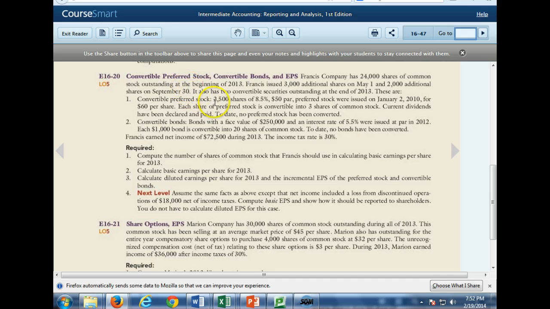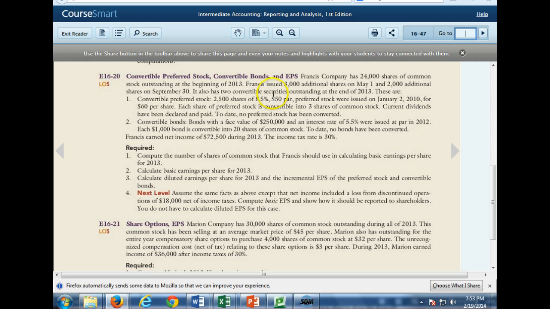Convertible preferred stock, 2,500 shares of 8.5%, $50 par. Preferred stock were issued on January 2nd for $60 a share. Each share of preferred stock is convertible into 3 shares of common stock. Current dividends have been declared and paid. To date, no preferred stocks have been converted.